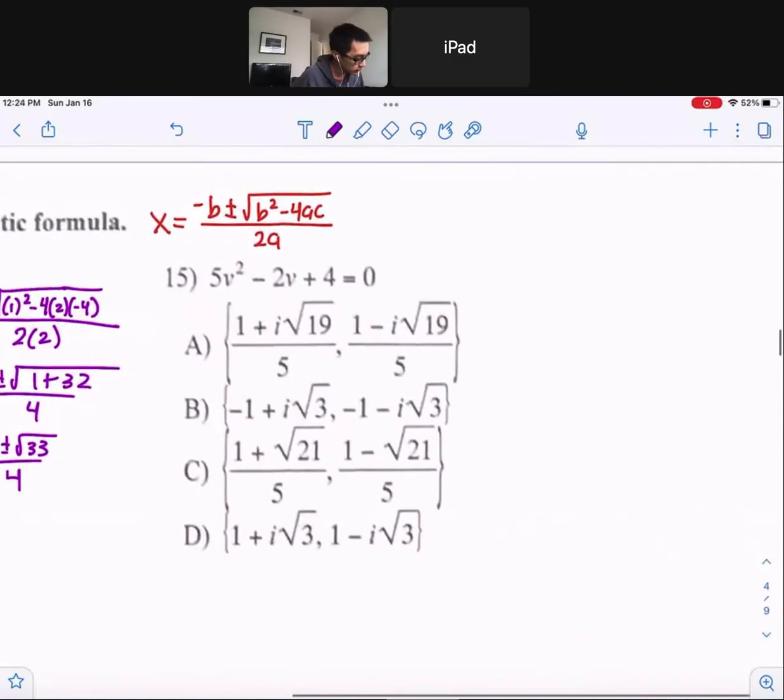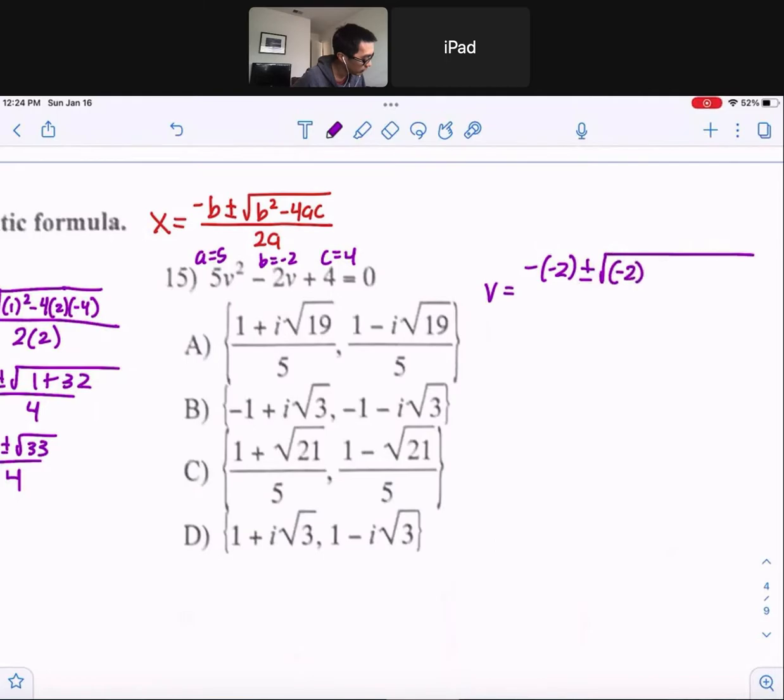15, same deal. So a equals 5, b equals negative 2, c equals 4. So n equals negative b, so negative negative 2, plus or minus the square root of negative 2 squared, minus 4 times a times c, 4 times 5 times 4, all over 2 times a, which is 2 times 5.